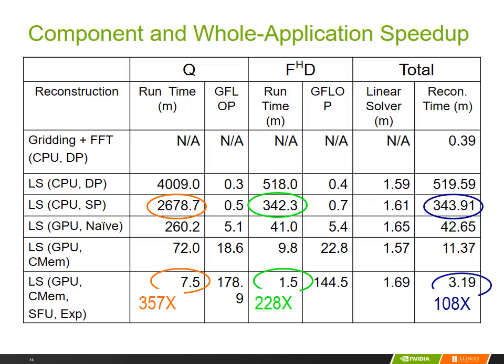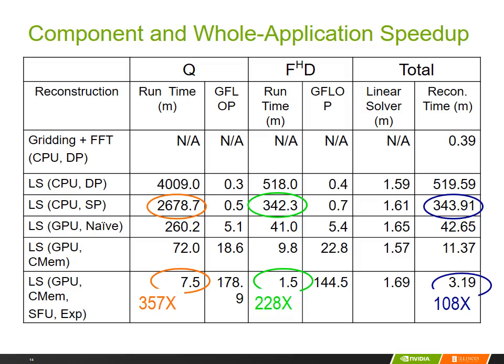With such a drastic reduction, we see that the total reconstruction is going to go from 343 or 344 minutes down to 3.19 minutes. The interesting observation is that now the FHD computation is actually comparable to the linear solver time, which is 1.69 minutes in the final reconstruction.